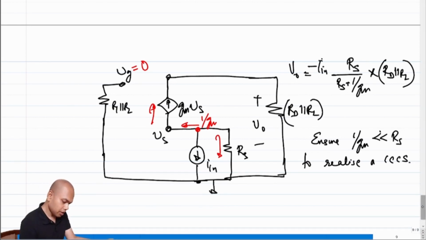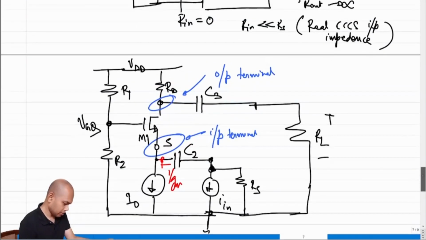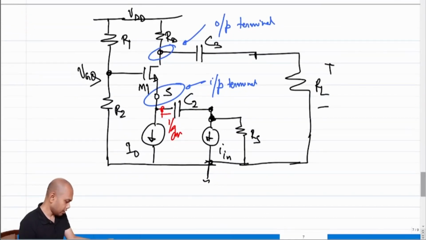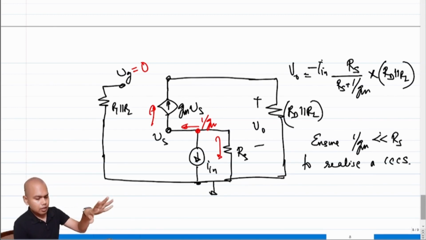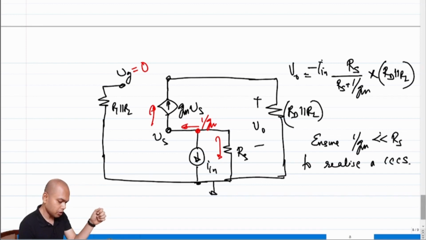Okay, so now here comes a set of terminology again. Incrementally, what do you think is happening to the gate? Incrementally, the gate is grounded, right? Input is applied to the source. You are taking the output from the drain side, right?